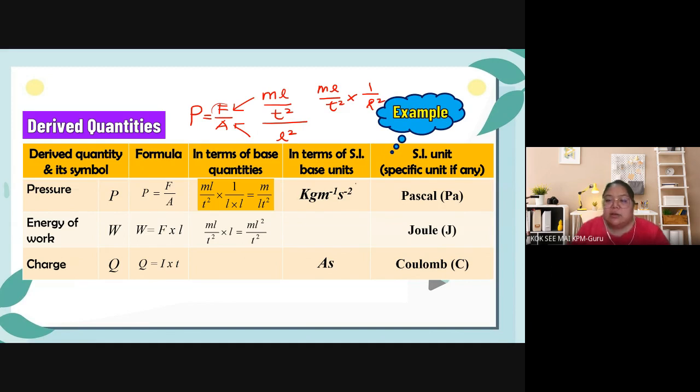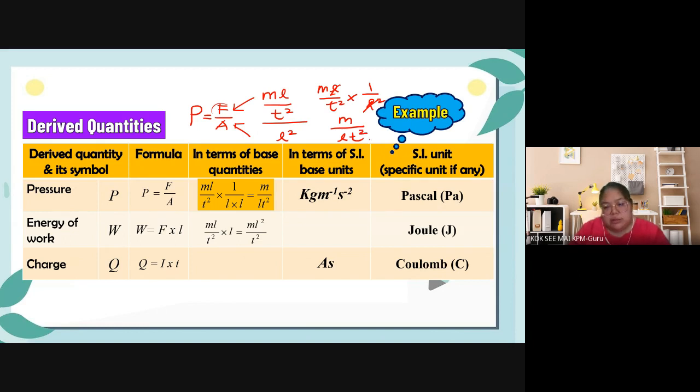So which one can we cancel? The L, I cancel one. Okay, cancel one of the L. So finally I get M over LT square, T squared.